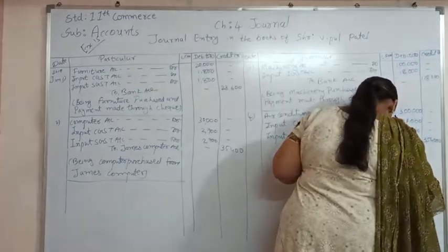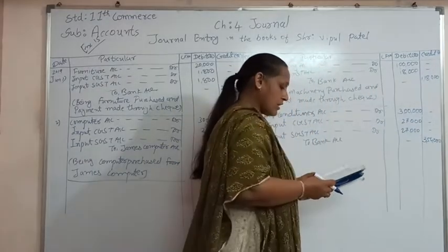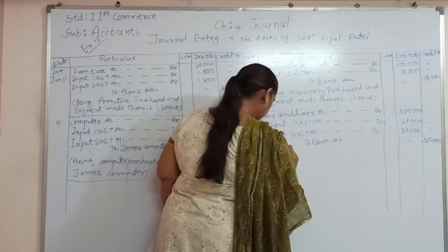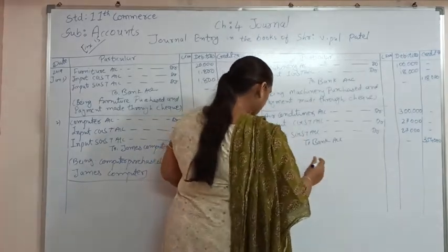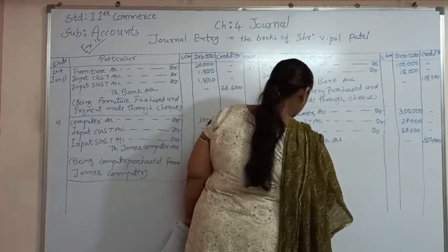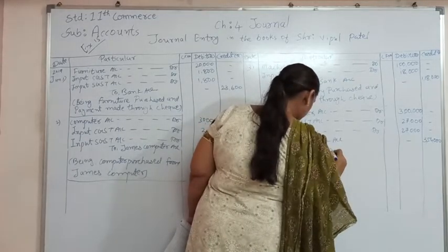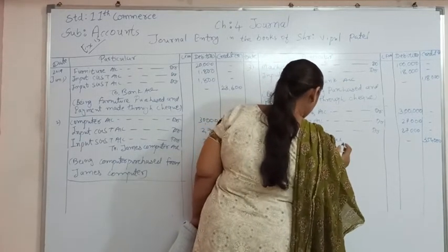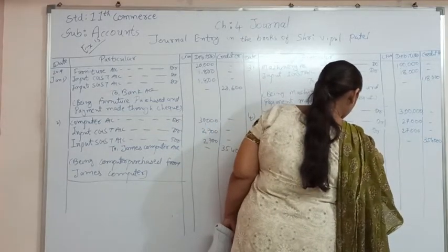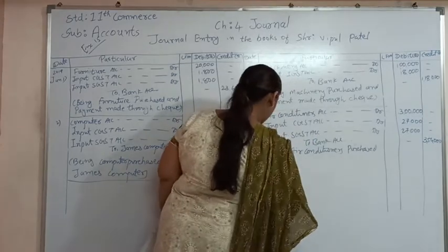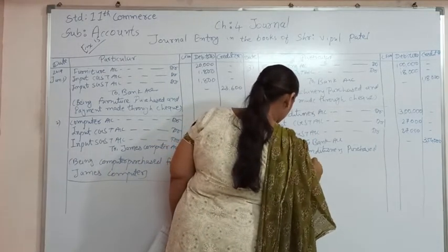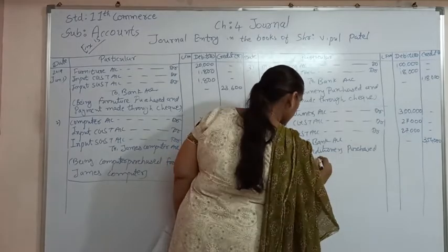So that is going to be the total amount. Being air conditioner purchased and payment made through check.